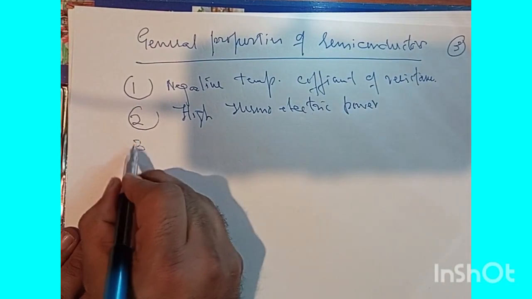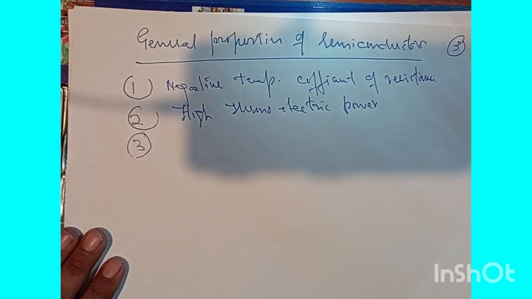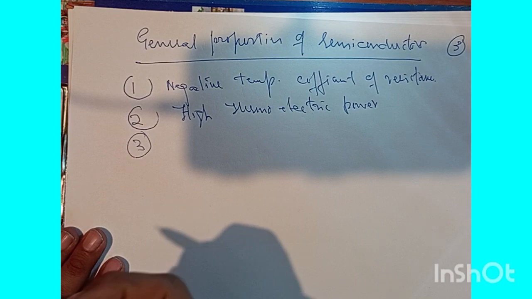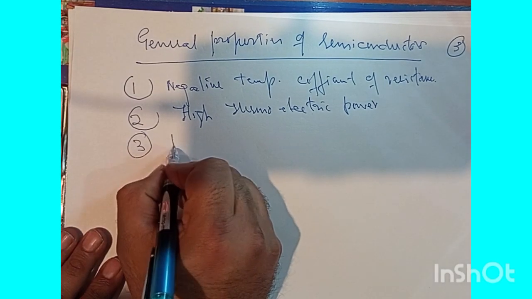The next important property of semiconductors is that their electrical conductivity is very much affected by adding a small amount of impurity. This addition of impurity that we add to these semiconductors, we call doping.